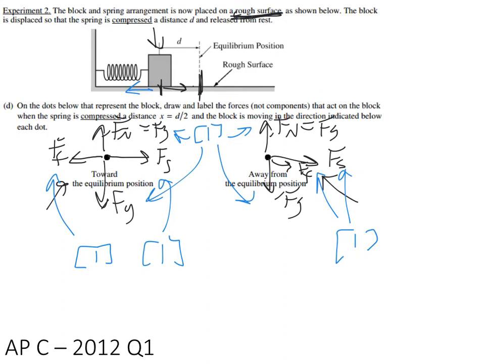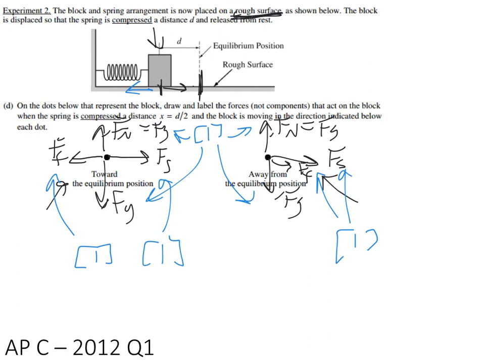They did say that in here, the length of the vectors does not really matter. So unlike the AP1, where a lot of times you do have to make sure you take into account the length, here, not so much. And they said that 1 point was deducted if you added extra forces or if the vectors weren't touching the object.